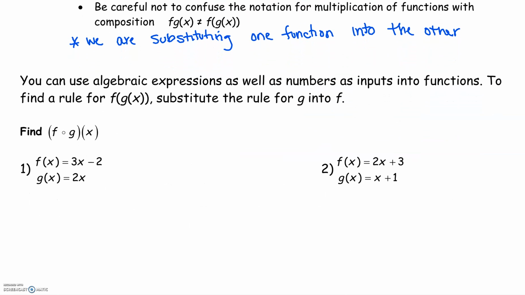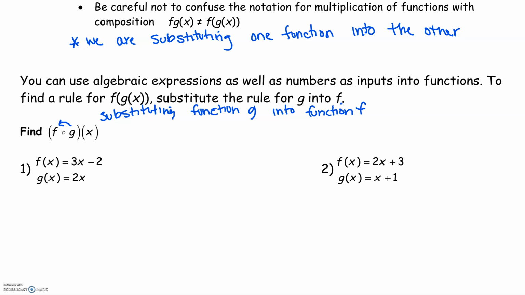The rule for f of g of x: substitute the rule for g into f. So we're going to take this g and put it into the f function. So we are substituting function g into function f.